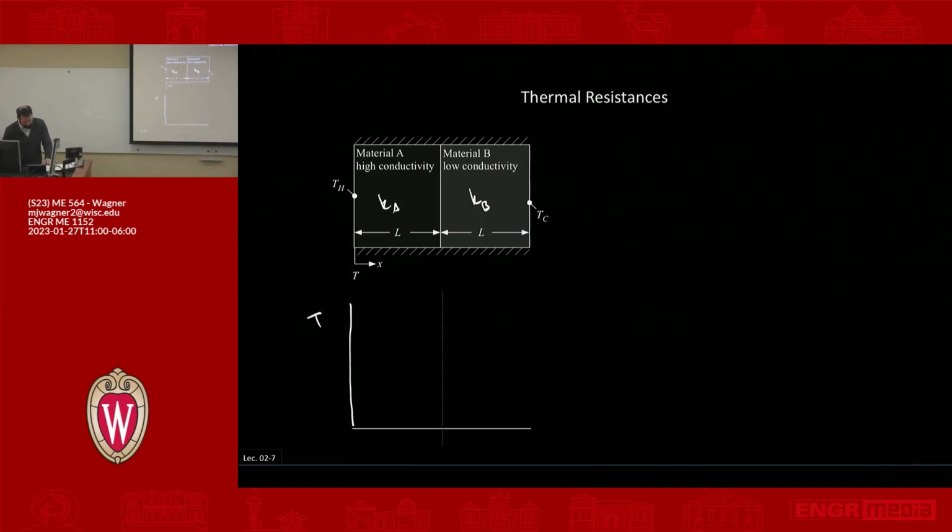So temperature as a function of position x, and over here we are at 2 times L. This is at L, and this is at 0. So if I know to start that I'm going to be holding this surface over here at TH, I'm going to be holding this surface over here, say this is at TC, I immediately can have some estimate of what the temperature distribution is going to look like.